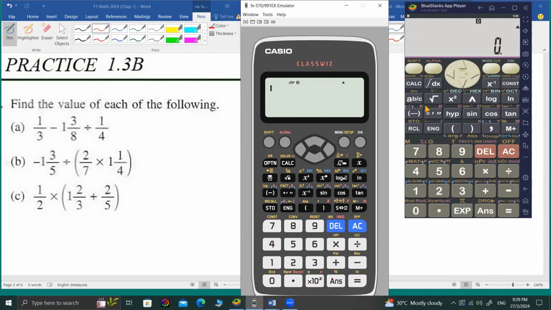Chaoyang, your calculator, listen, I teach you. 1/3, you go like this: 1/3, minus, bracket, 1 and 3/8. Close the bracket.